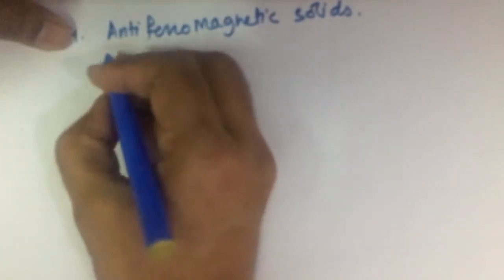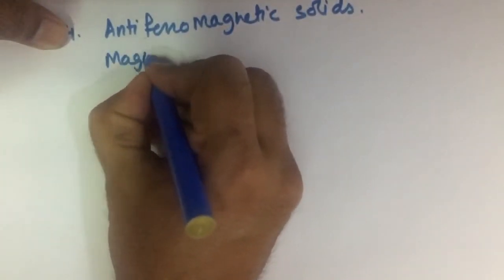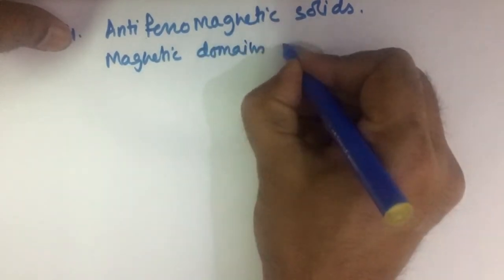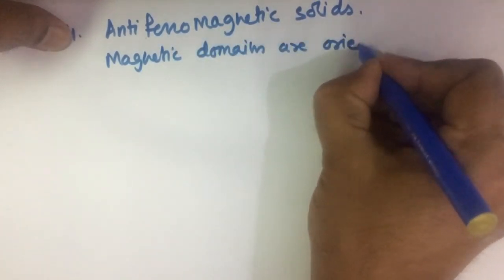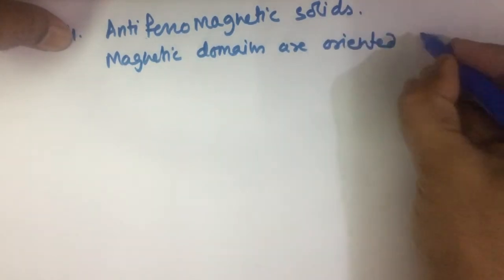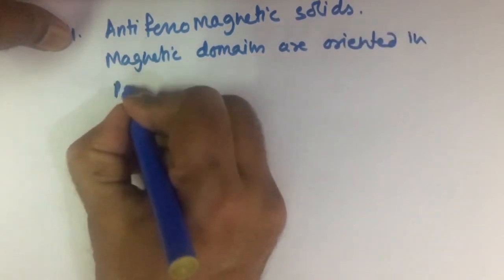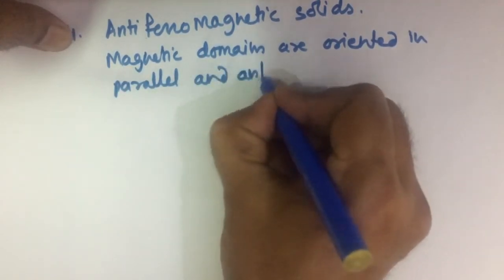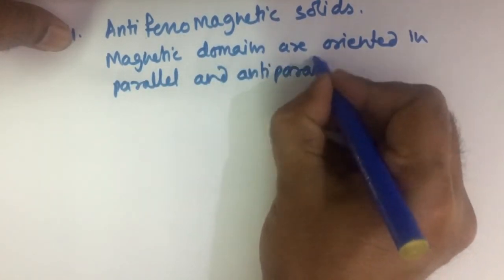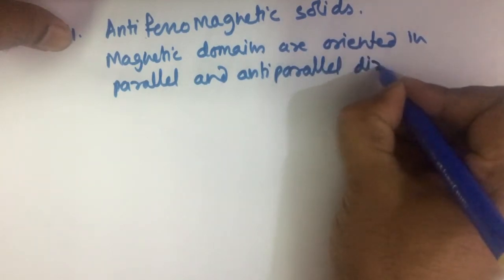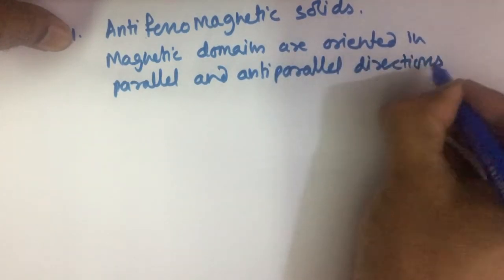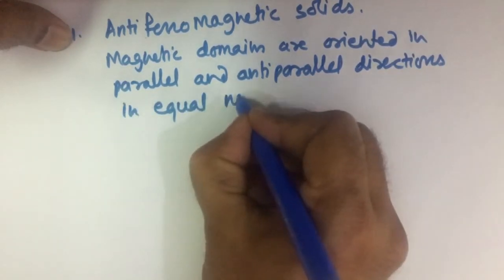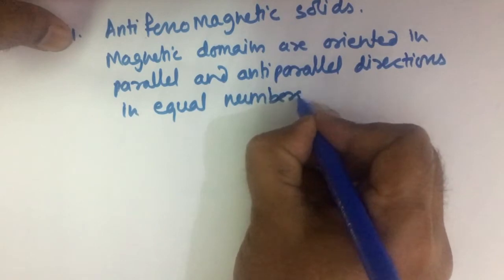So magnetic domains are oriented in parallel and anti-parallel directions in equal numbers.